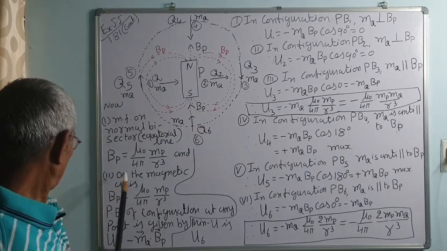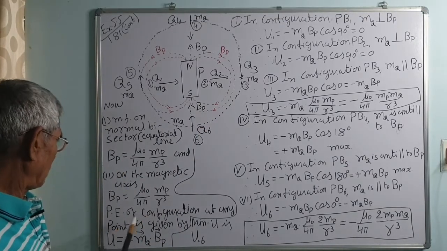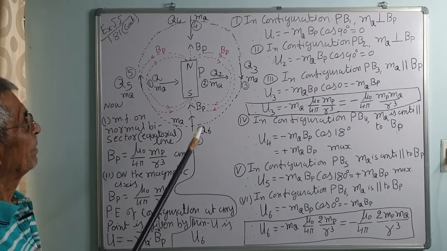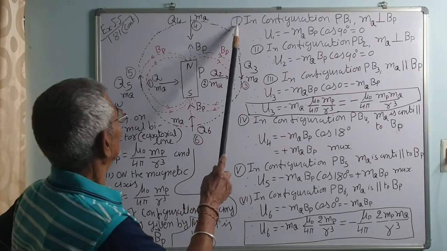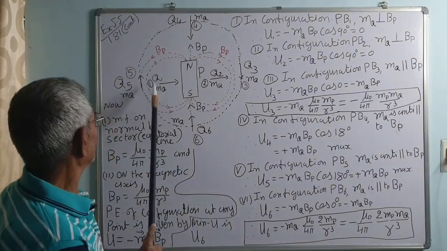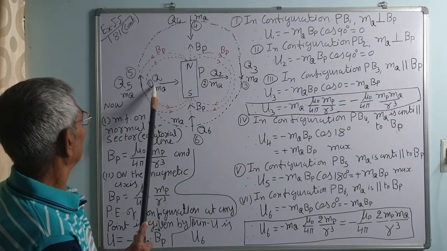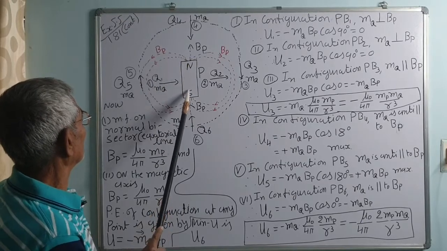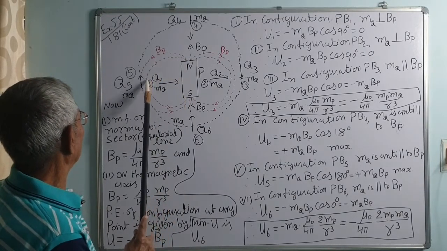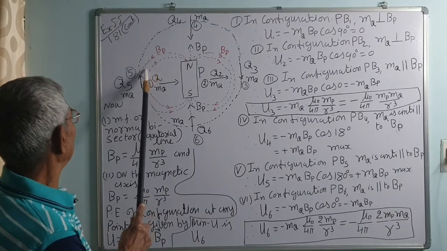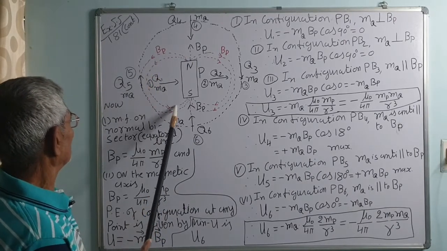Now the question is: in which configuration is the system not in equilibrium? We have seen yesterday that in number 1, this configuration is not in equilibrium because the magnetic moment of this is from S to N, and it has a field like this. What is that field? B_P, as shown in the figure.